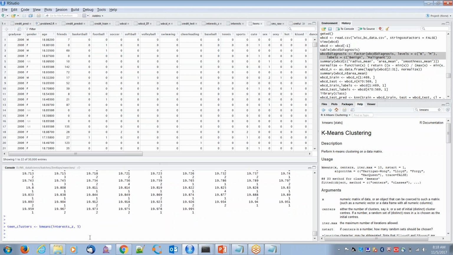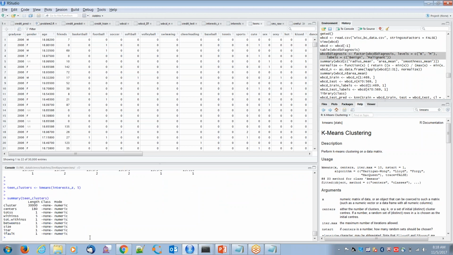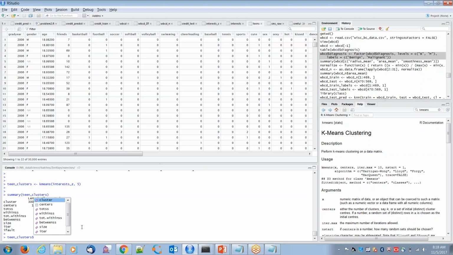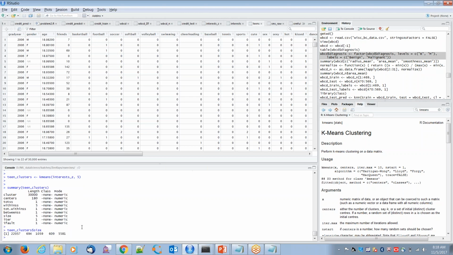So this is our model. Now let's check some attributes. One is size. If we do size, it comes up with these 5 numbers.